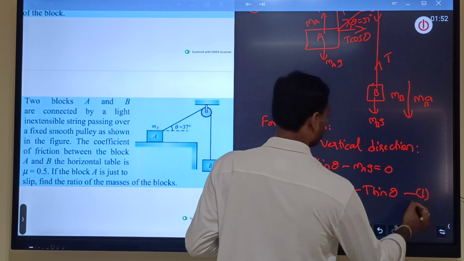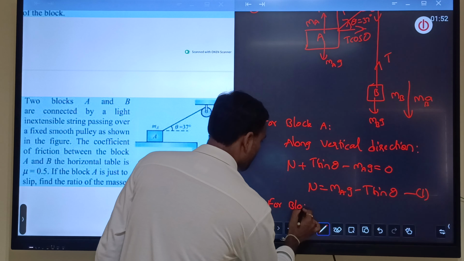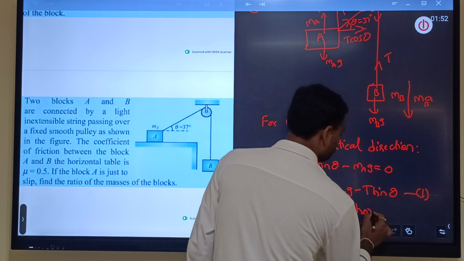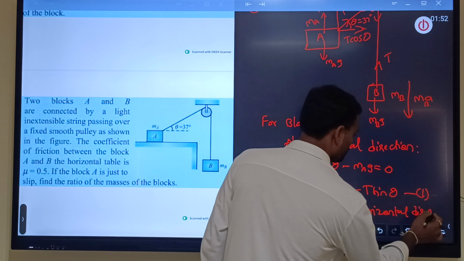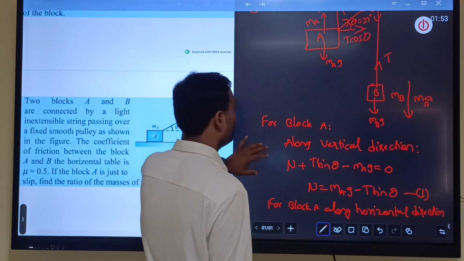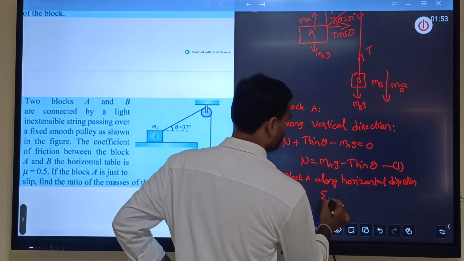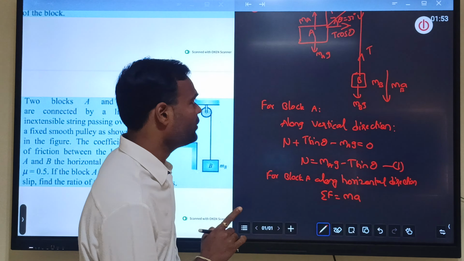Let it be equation number 1. Similarly, for block A along the horizontal direction, sigma F is equal to ma. Of course, acceleration becomes 0 because it is about to move, but it is not moving.